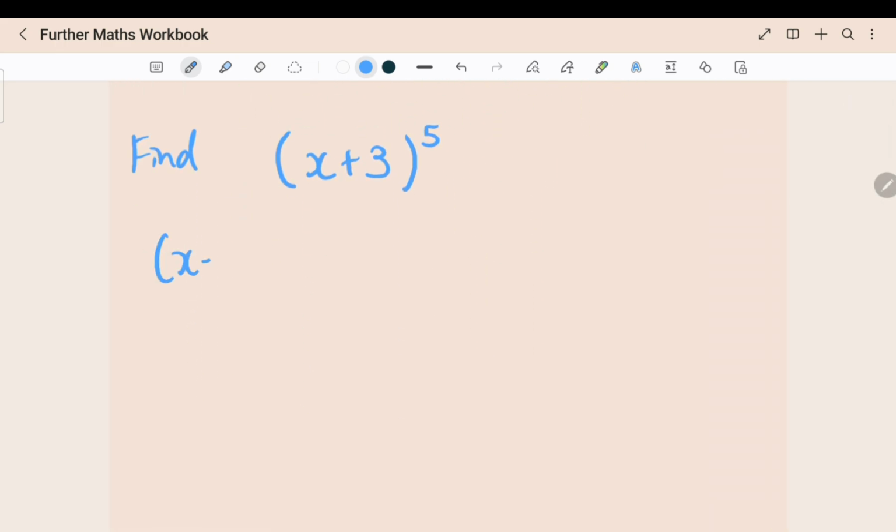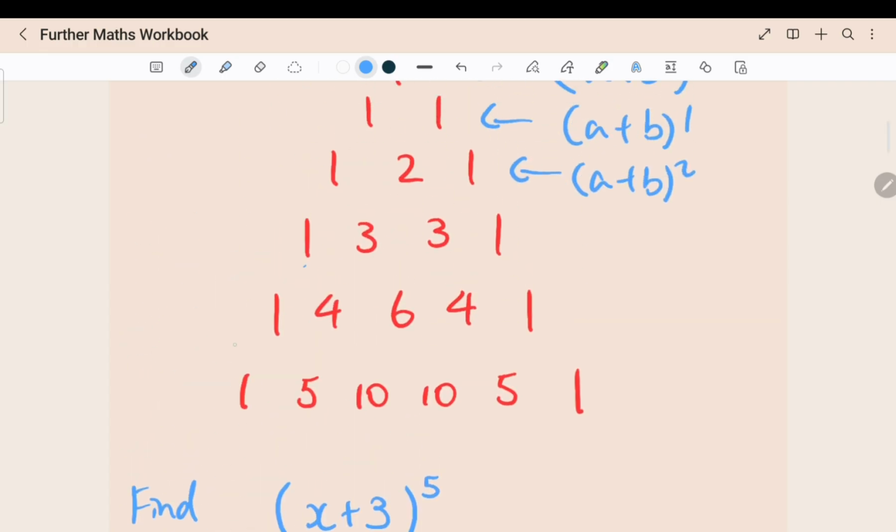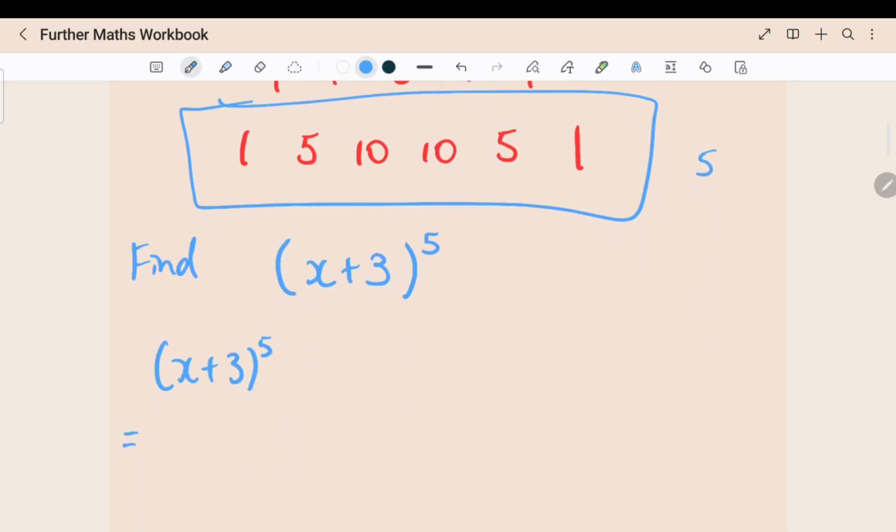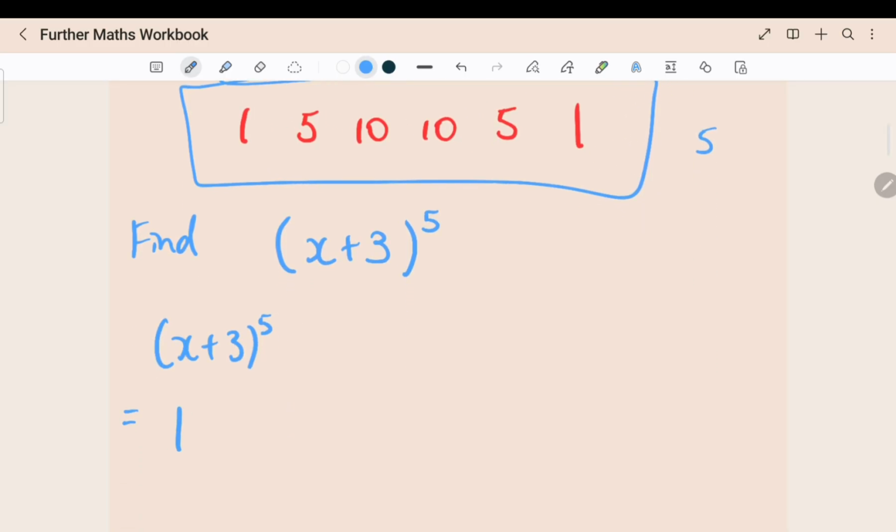When we have x plus 3 to the power of 5, we are going to be using this row of Pascal's triangle, because we go 2, 3, 4, 5. So it starts with 1, and then we have x to the power of 5, and then 3 to the power of 0, which is 1. Then we have 5 times x to the 4, and then 3 to the 1.